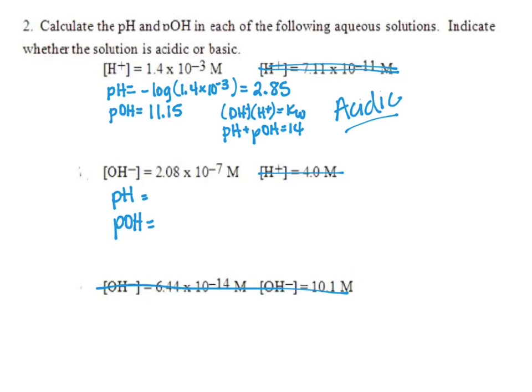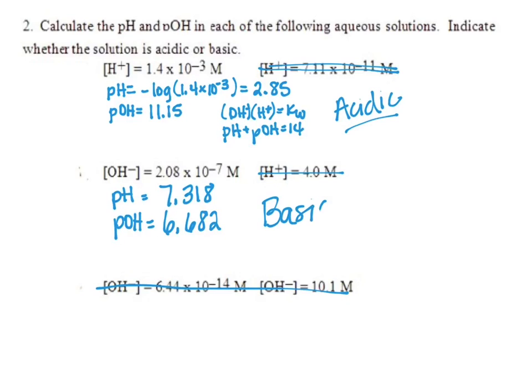Give me 3 decimal places. pOH is 6.682. And so pH would be 7.318. Basic or acidic? Neutral?